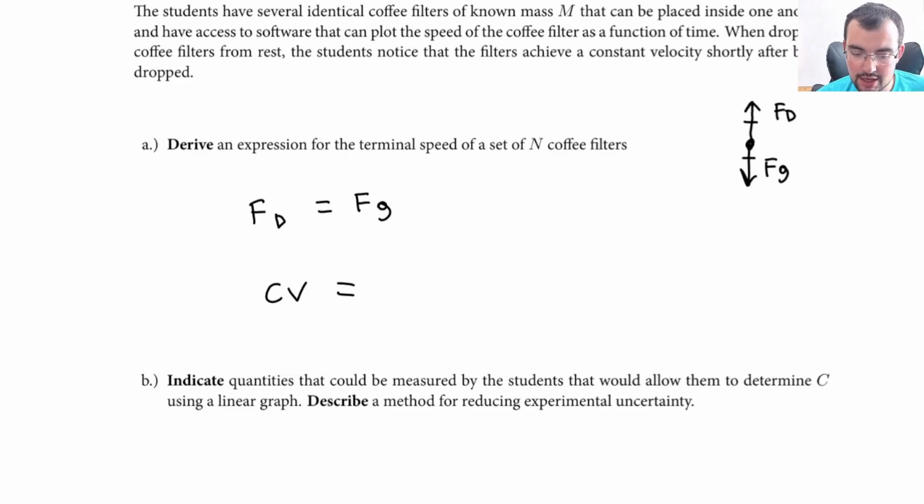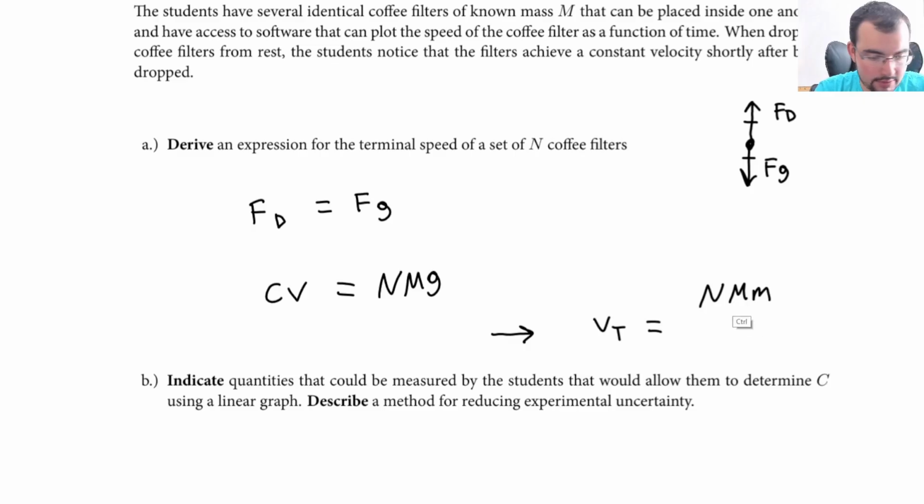Each coffee filter has mass m, so n coffee filters would contribute a mass nm. So our terminal speed of a set of coffee filters would be nmg divided by c.